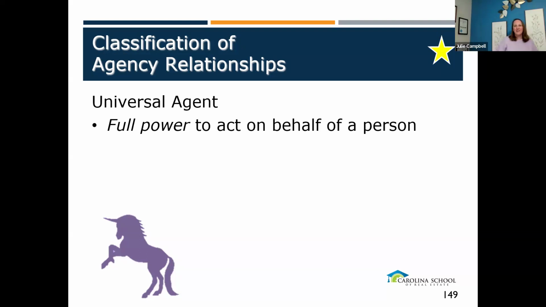No, not even a little bit. What we would be saying if they had this is they could sell your house without you. They could buy a house without you. We do not practice the universal agent in a real estate transaction. Again, the closest thing I have to this in the real world is that full power of attorney. So the universal agent in a real estate transaction is not going to happen. Full power.